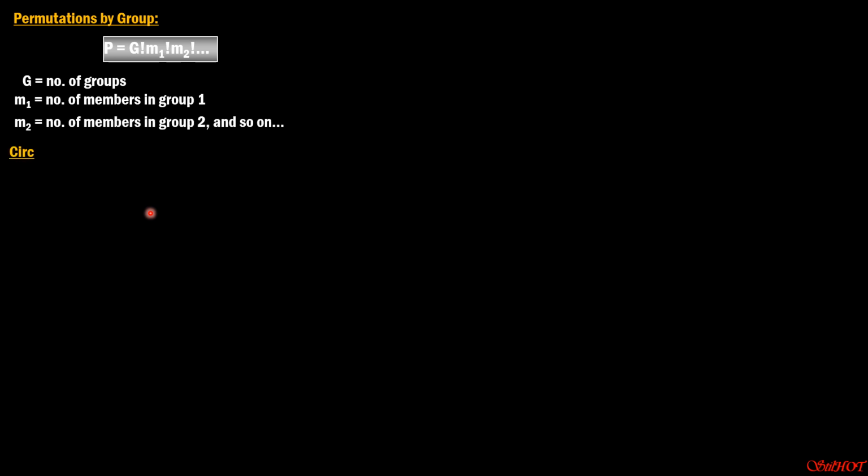If there is group 3, then times M3 factorial, group 4, M4 factorial, and so on and so forth, depending on the number of groups. So G is the number of groups, M1 the number of members in group 1, M2 the number of members in group 2, and so on and so forth.